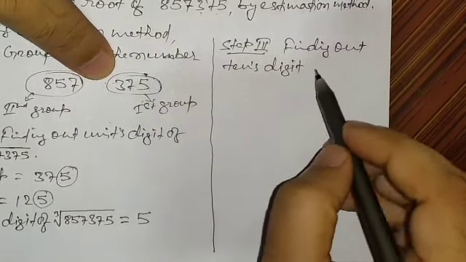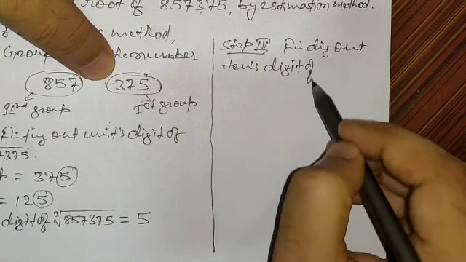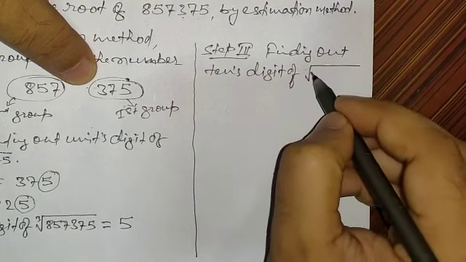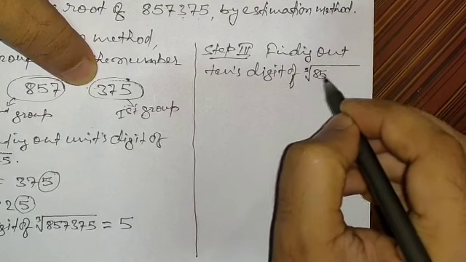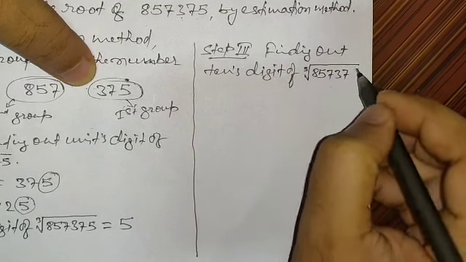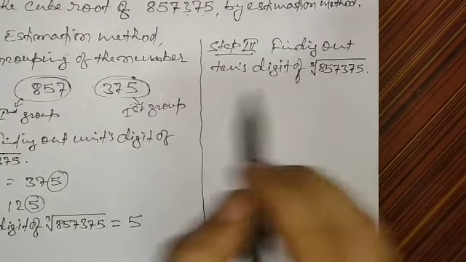So finding out tens digit, again tens digit of what? Tens digit of cube root of 857,375. Yeah, okay.